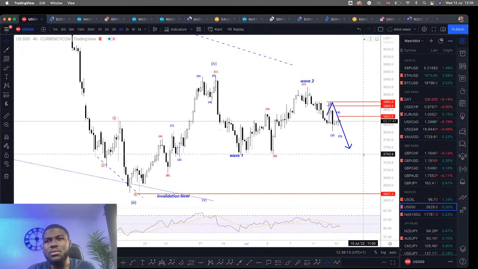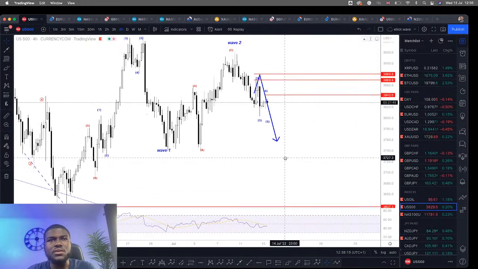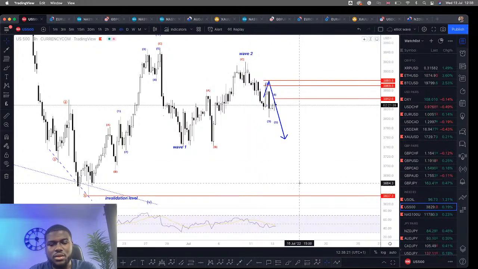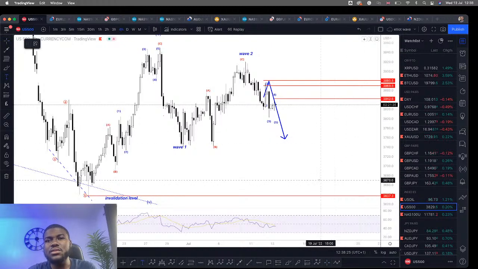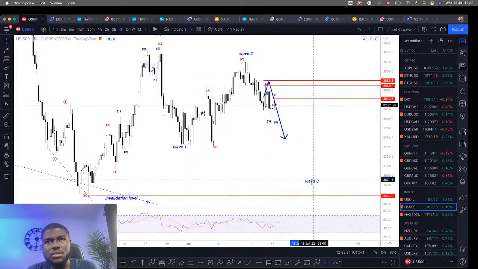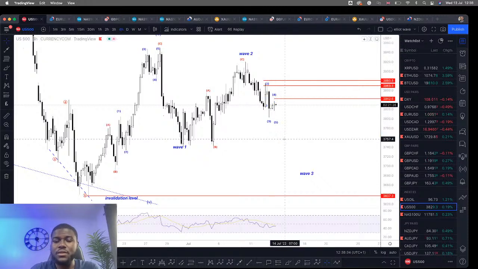So now what we are trading currently in terms of sell is a wave 3. From this high down to anywhere around here, that is where wave 3 is going to terminate. Wave 3 used to be a very long and fast swing, so we are expecting wave 3 to happen there.